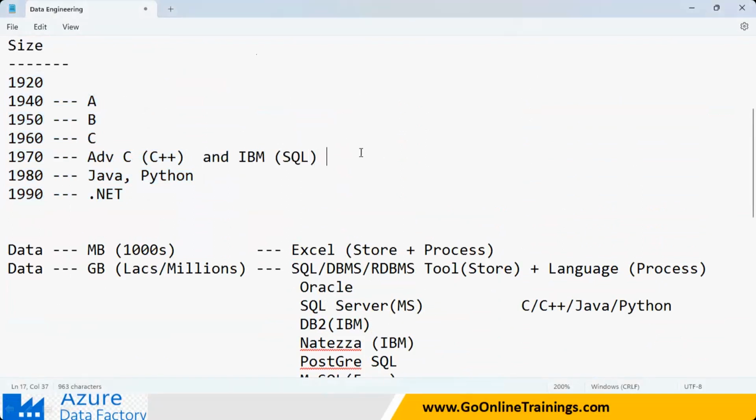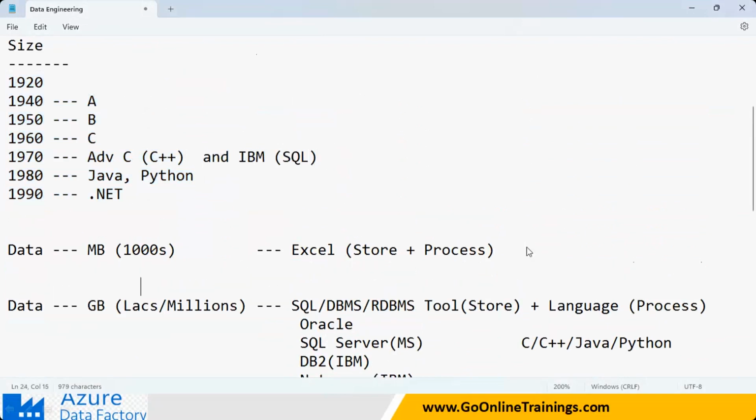When you wanted to store the data, you had to use specialized softwares called SQL softwares. Before that, we did not have data storing technologies. We had only languages. Languages started in the 1960s onwards, 1940s onwards, but the C language was introduced before SQL. We had languages only. Clear?